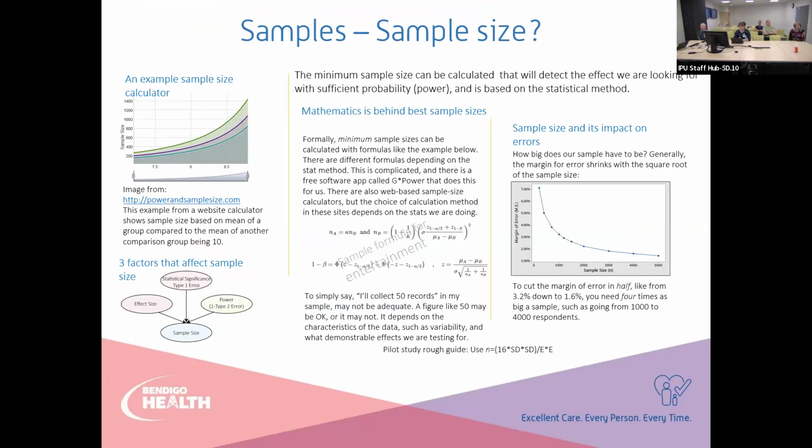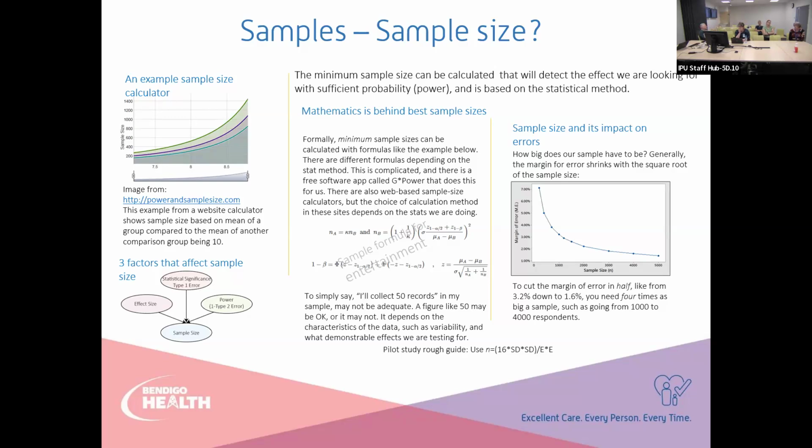There's no standard answer, because there are three factors that bear down on working out the optimum sample size. That is the type 1 error, or our p-value. The second one is the power of the statistic. Another one is the effect size, and all of those three things mesh together to determine the optimum sample size.